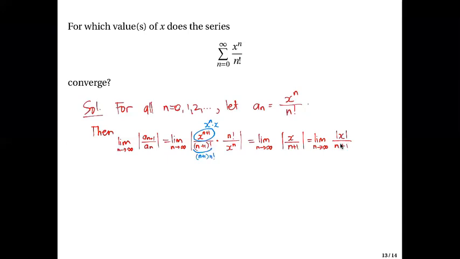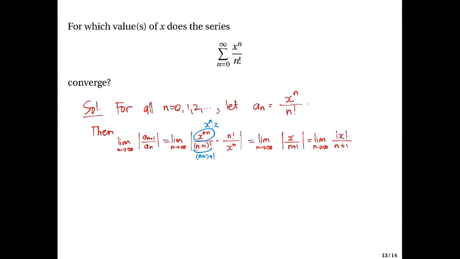You can remove the absolute value on n plus 1 because n starts from 0 and n plus 1 is always positive. Furthermore, x is free of n, so you can take the absolute value of x out.